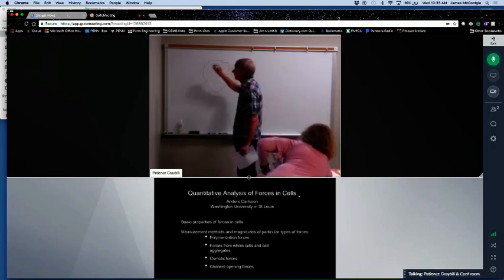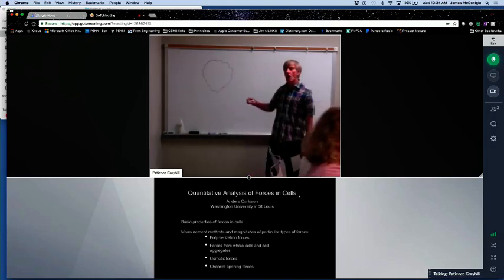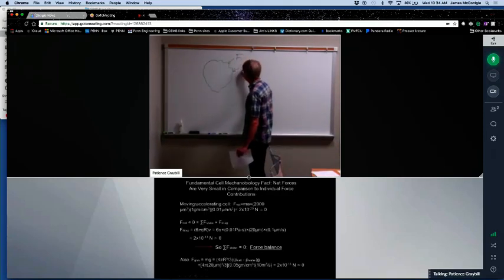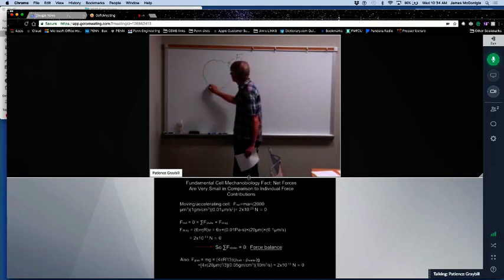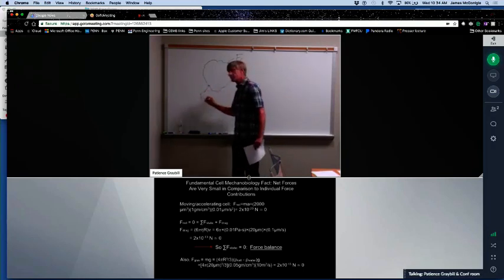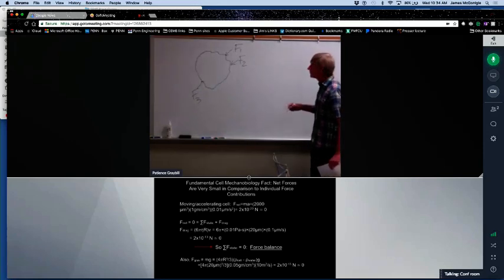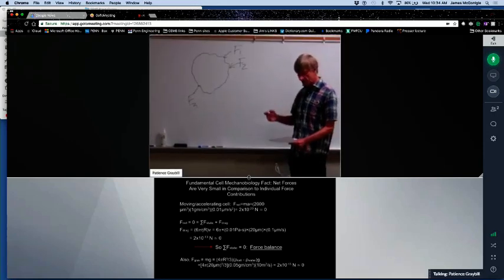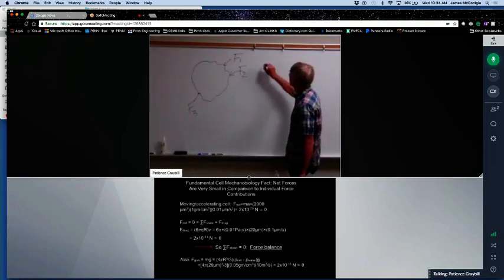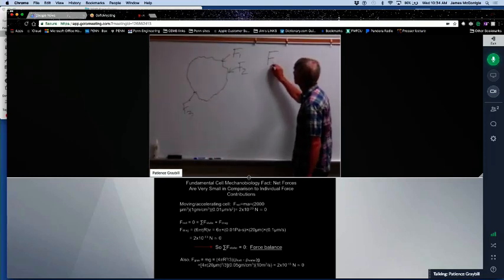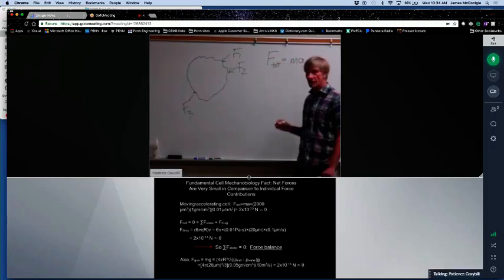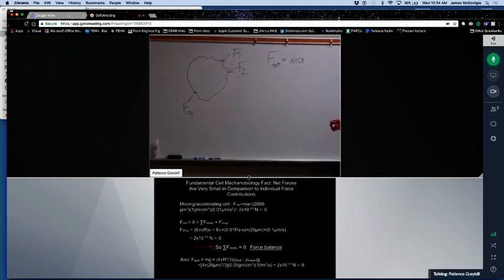Imagine now that you have a cell on a substrate, and you have a number of different forces acting on the cell. Then what our first year mechanics in physics tells us is that the total force is equal to mass times acceleration.